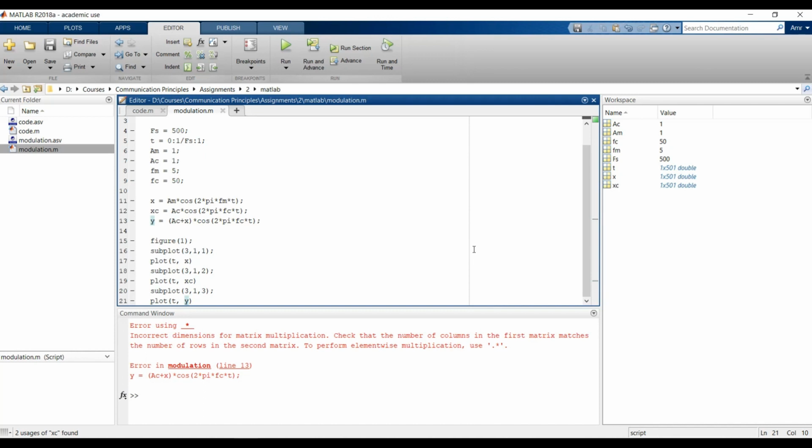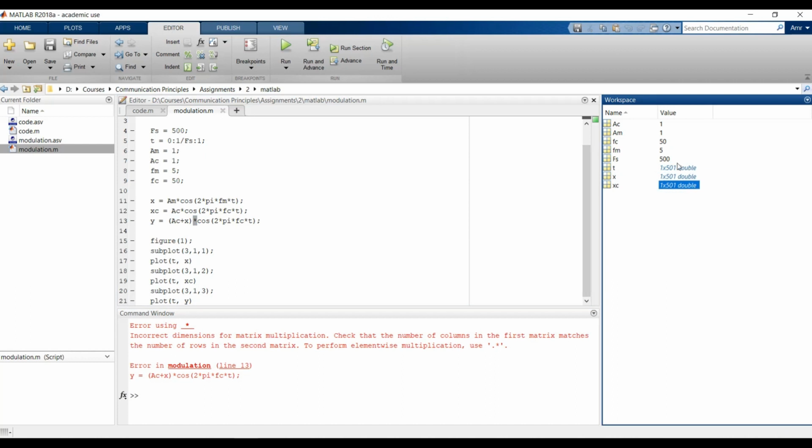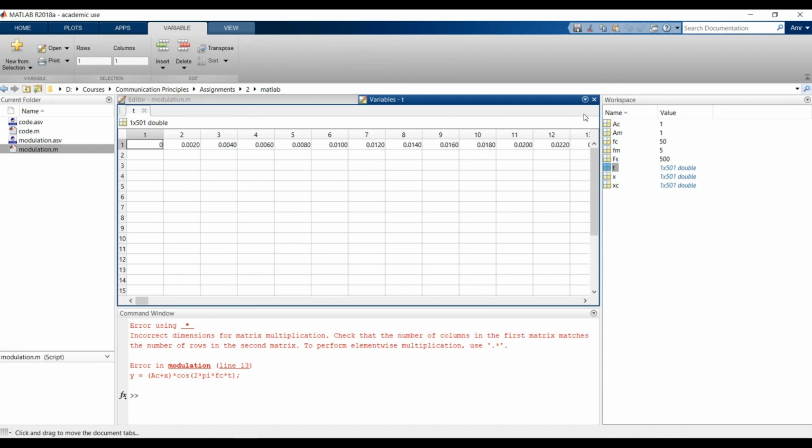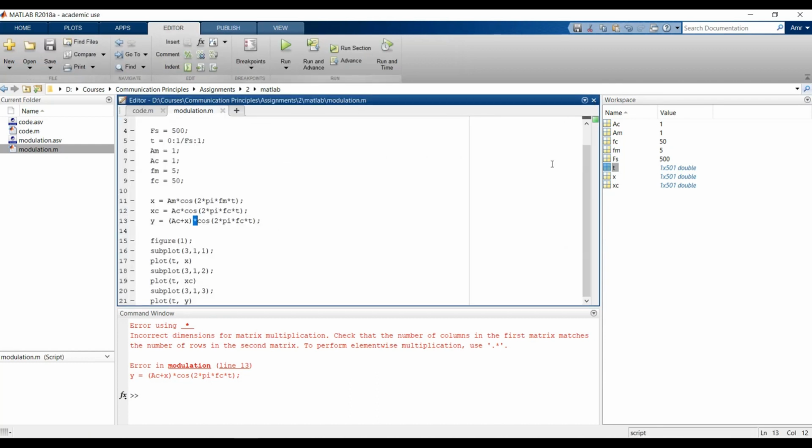Oh, so this is very important. The multiplication in MATLAB in general detects your variables as matrices. In this case, of course, it's a vector, not really a matrix, but a simple asterisk indicates a matrix multiplication.